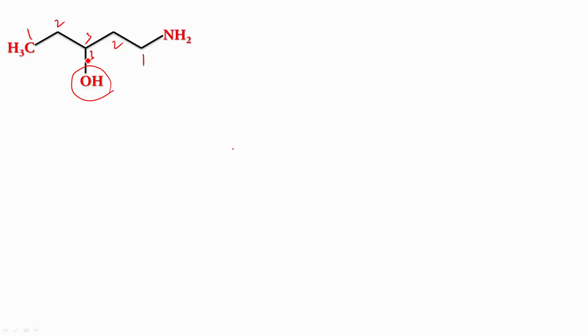So, what we would do is, we will give the substituent the lowest number. We number it from the right side. 1, 2, 3, 4, 5. So, first write the parent, pentane, 3-ol. And what is the prefix for NH2? It's amino. So, it's 1-aminopentan-3-ol.